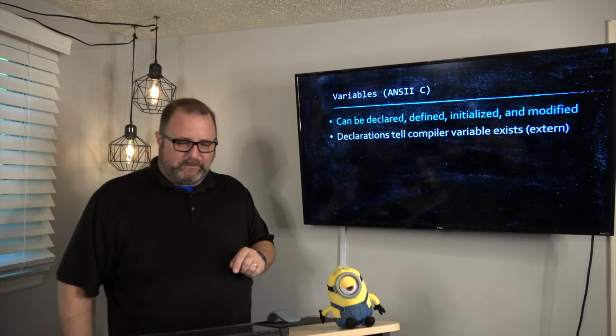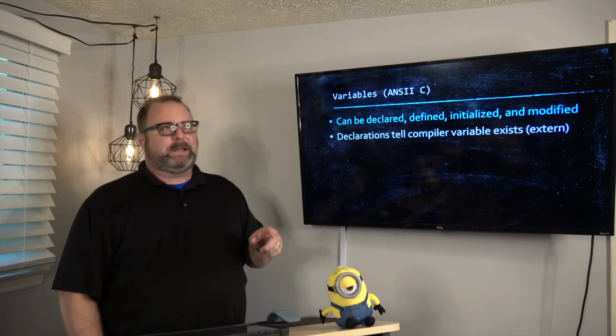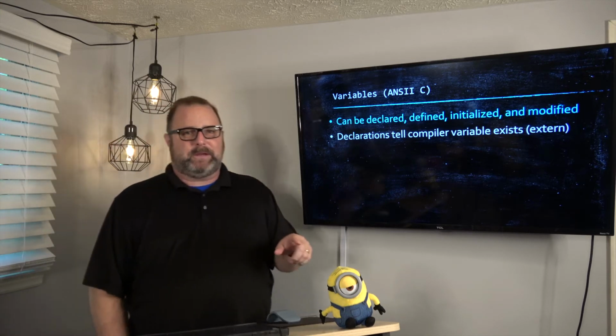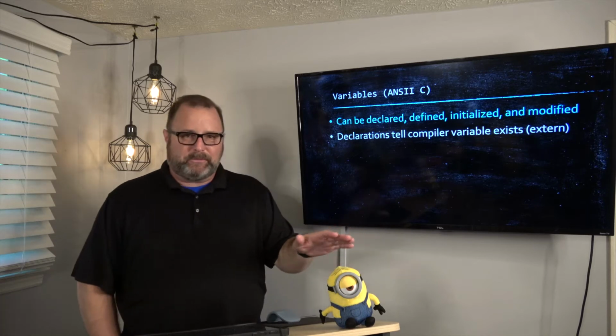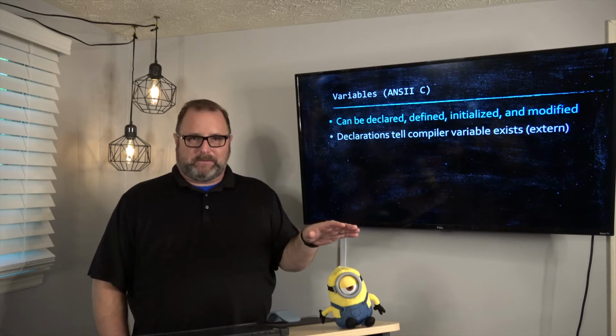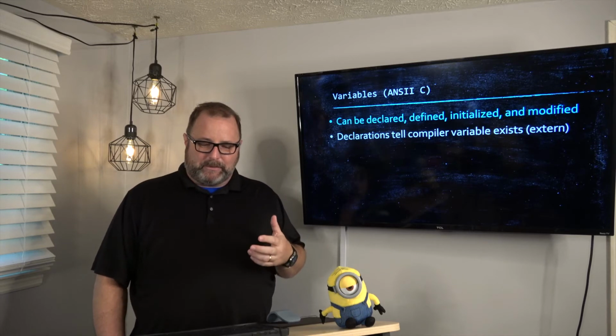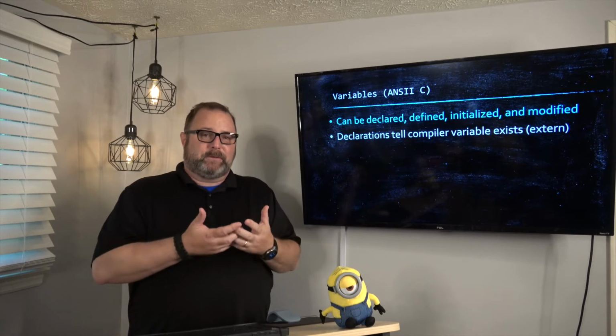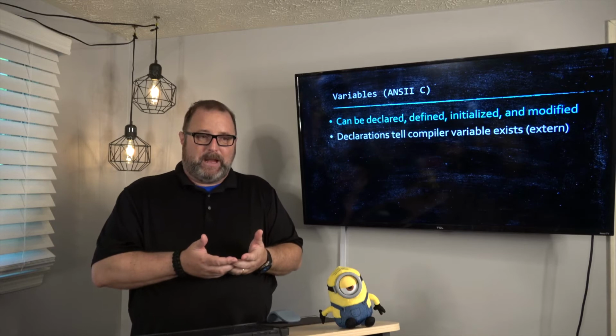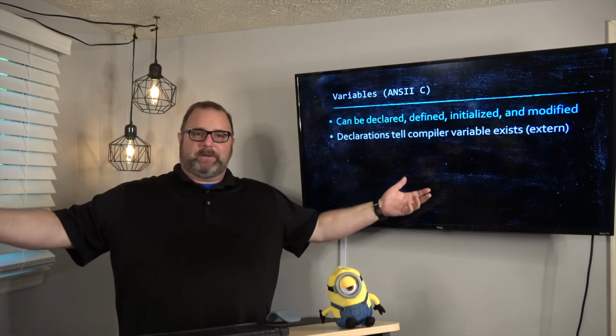When you declare a variable in C, and we're not going to need to do this for the code we're writing in this class, declarations tell the compiler, hey, this variable really does exist. It's used when I'm linking a bunch of files together.